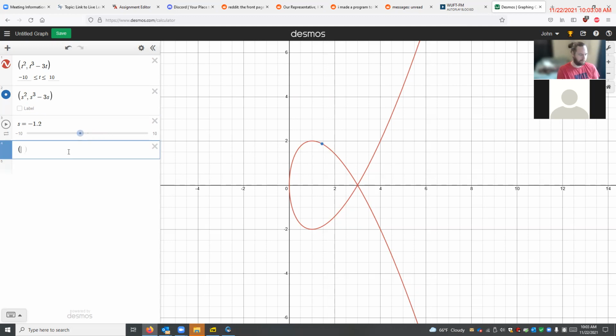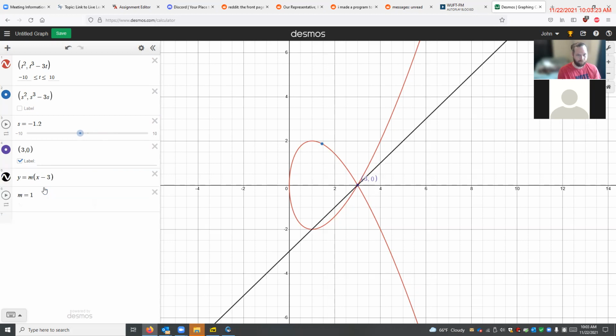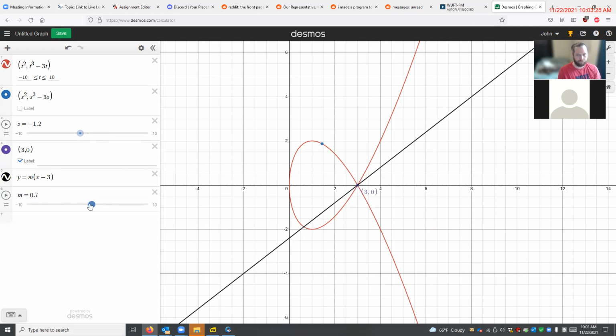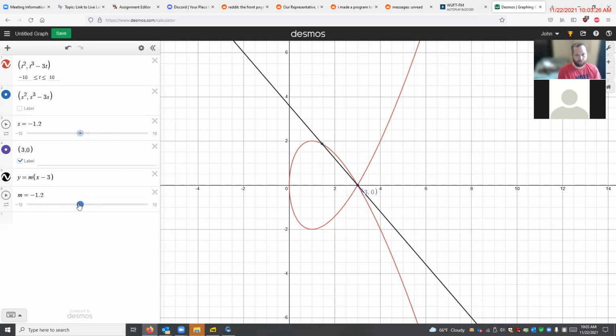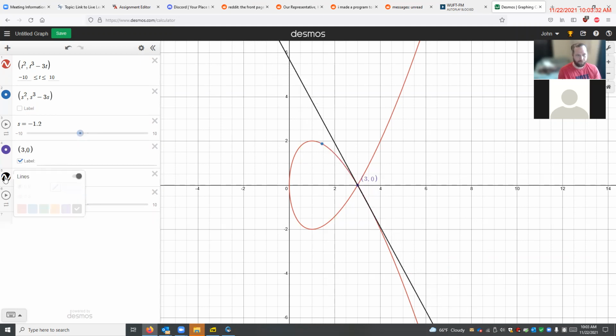That point (3, 0), right there. If I wanted to take a guess at what that tangent line is, I know it's going to be something like some constant times x minus 3. I can take a look at the possible tangent lines there. So something like this kind of looks like one of my tangent lines.